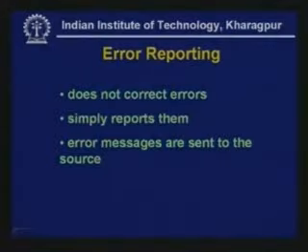Error messages are sent to the source. Suppose a datagram has been sent and something has happened to it because some error has occurred. Whoever drops that packet generates an ICMP message back to the source. That may be a router on the way, that may even be the final destination.